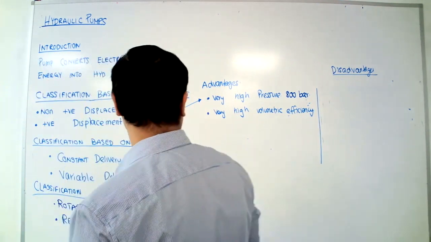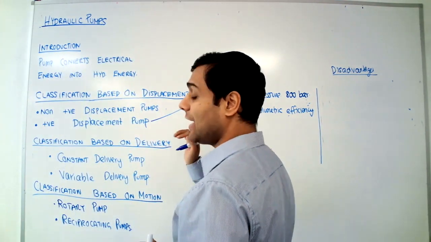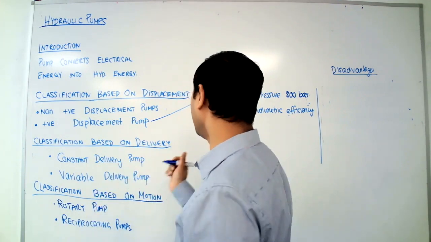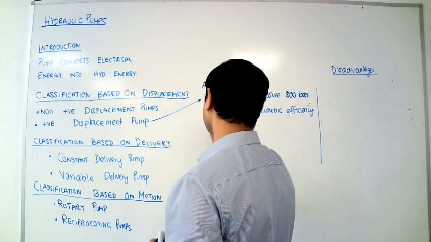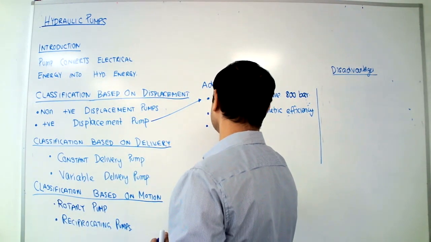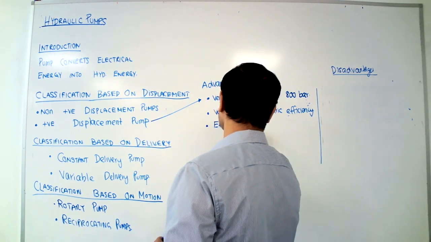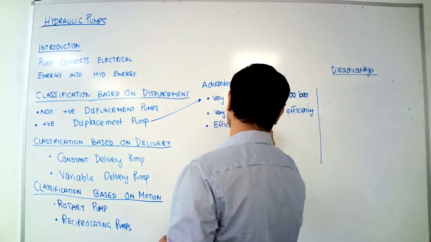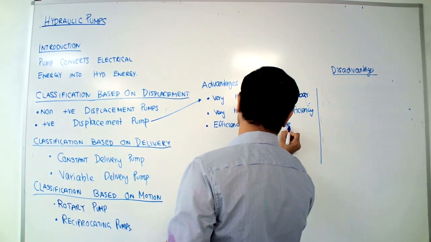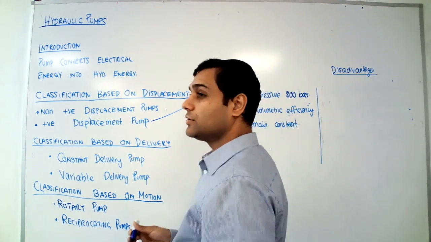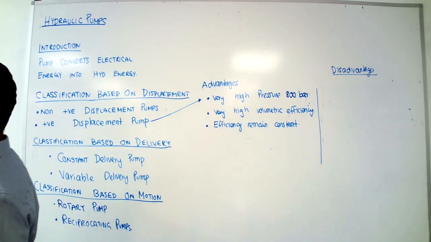Okay. The other one is they are very efficient and their flow rate is constant throughout. Their efficiency remains constant, so if they are old, it doesn't mean they are not that efficient.